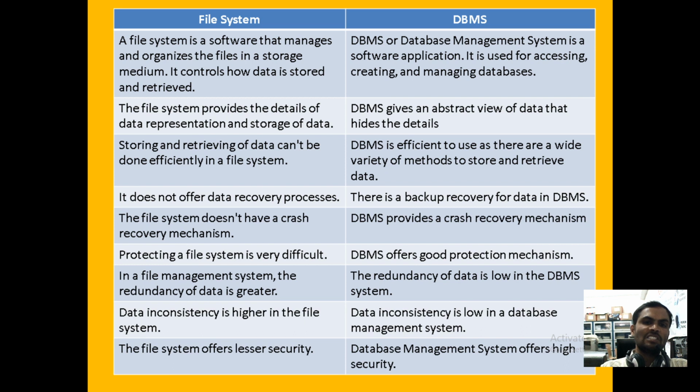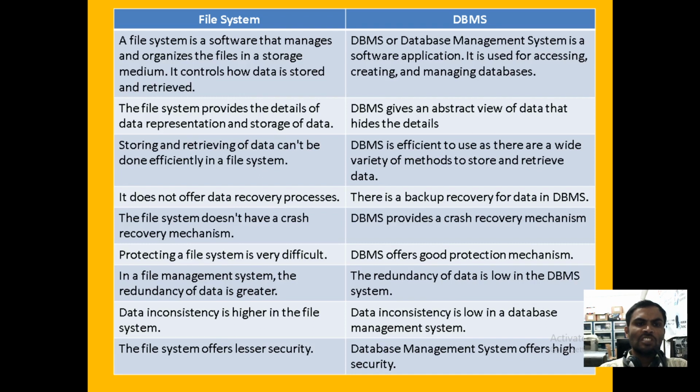Coming to the database system, it is a software application used to access, create and manage the database. The file system provides the details of the data representation and the storage of the data. DBMS gives an abstract view of the data that hides the details.